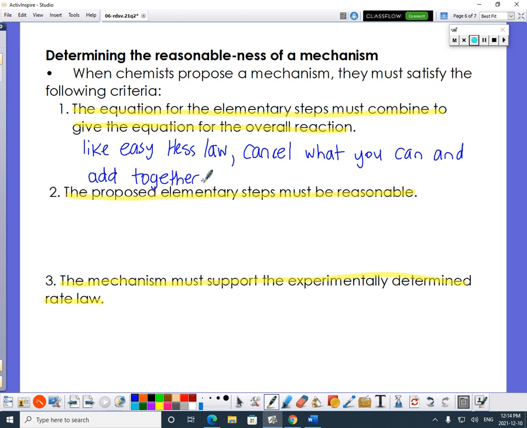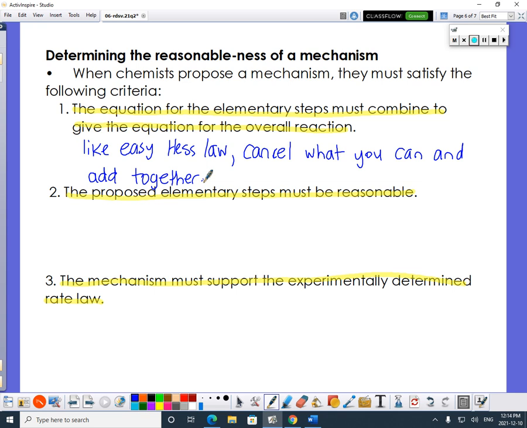And it sort of makes sense. If you flip stuff around and change the coefficients, then you're basically changing the mechanism, and you're sort of like, wait a minute, that means what the scientist has proposed isn't reasonable, right? So no coefficients, no flipping, just as is, cross stuff out and add them together.